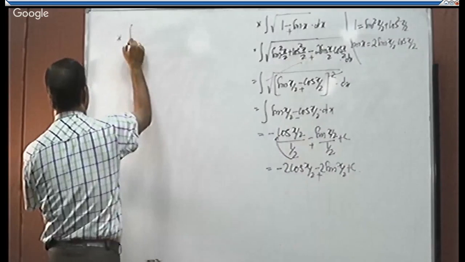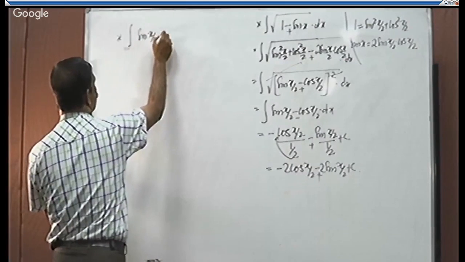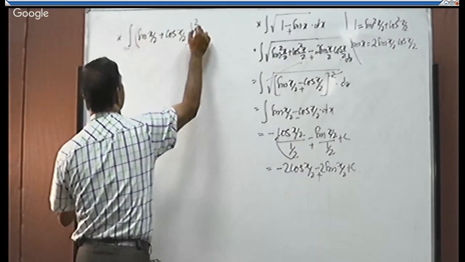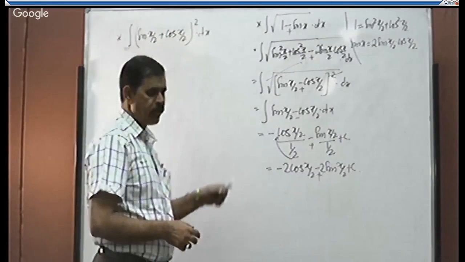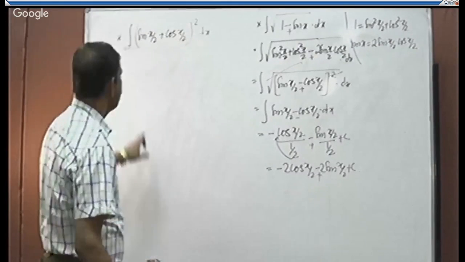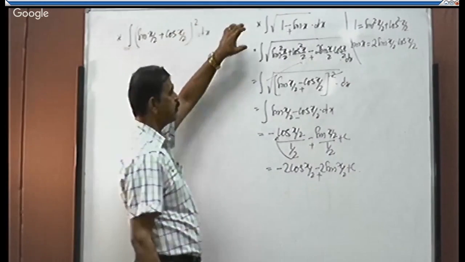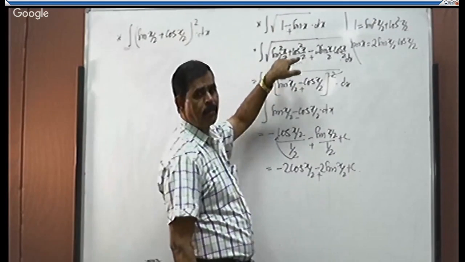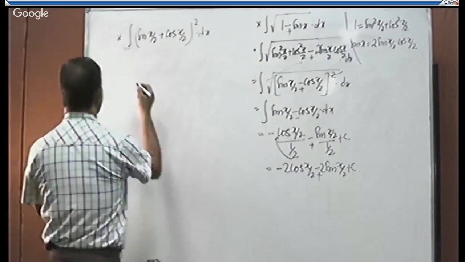See, this same problem is presented in this form: sin x by 2 plus cos x by 2 whole square into dx. The concept is the same, but only given in a different form. This has to be expanded according to the a plus b whole square form. Suppose they give it in this form, it is to be taken into a plus or minus b whole square form, right? Expand it.